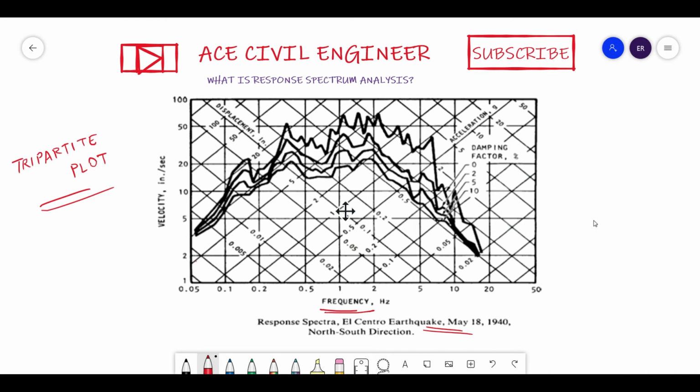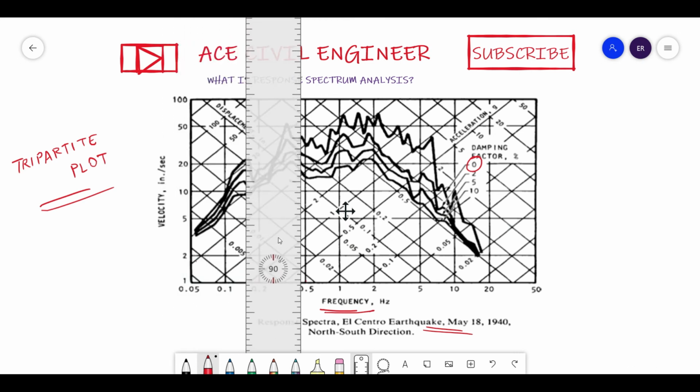So suppose the frequency is 0.5 hertz, then what happens exactly in the vertical direction, for a damping ratio or a damping factor of 0% I am considering. For this 0%, what they will do is, let me use the scale here so that you will not get confused.